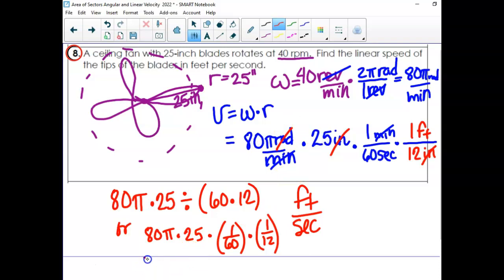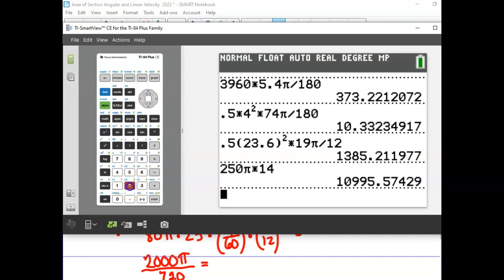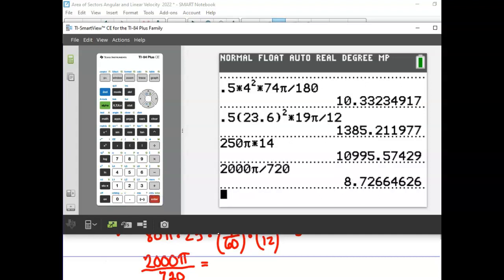88 quarters is, I think it's 2,000 pi. And then the denominator would have 60 times 12, which would be 720. But I'm just doing it in my head, so that could be wrong. 8.7, anybody?